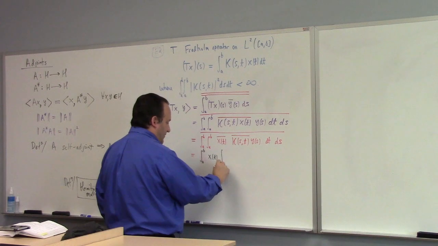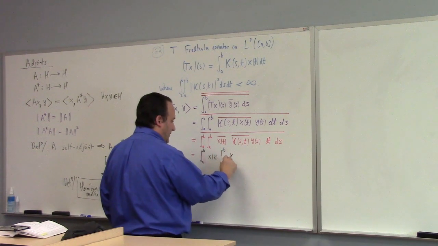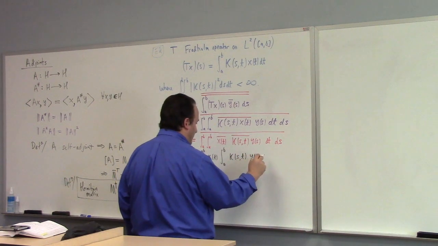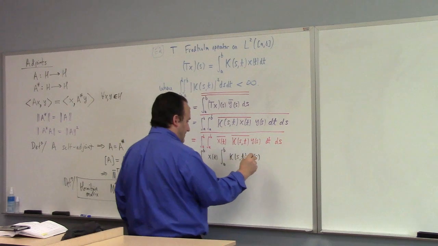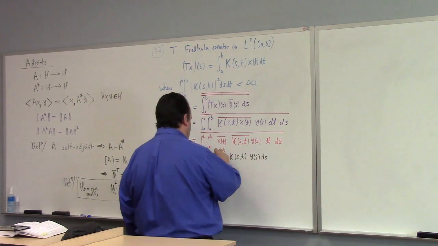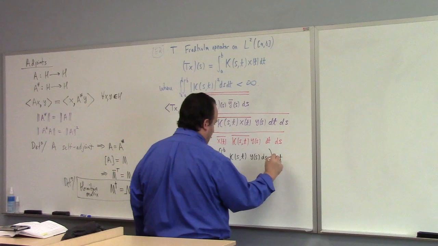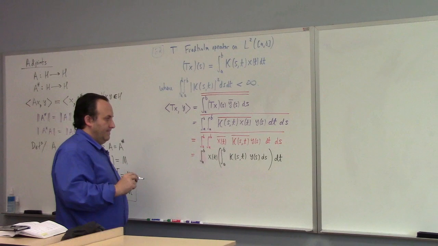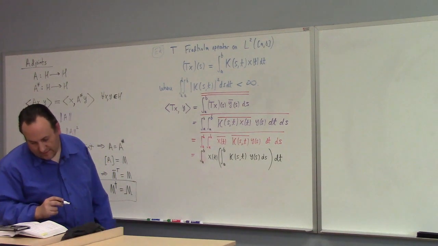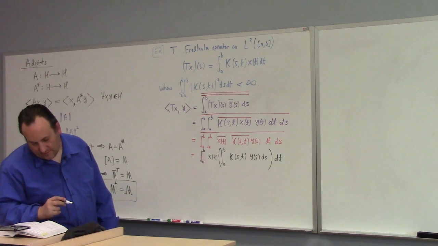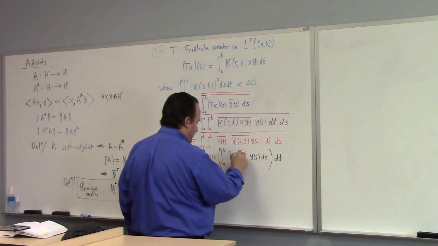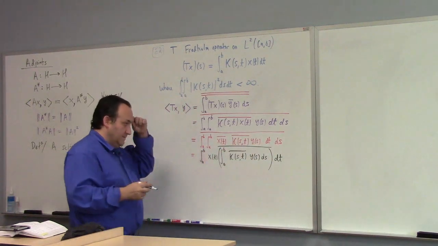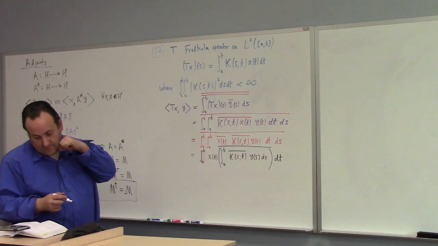Then the integral from a to b of k of s t, y of s, ds dt. But he's got a conjugate over all of that. So this is still there, and the conjugate still goes over all of that. Okay, that makes sense.